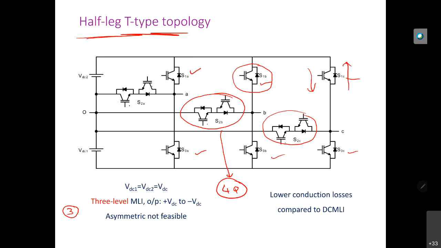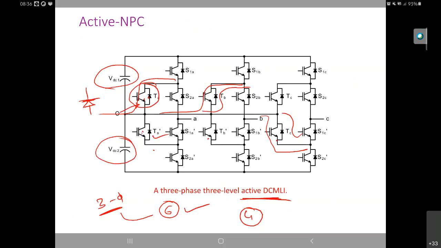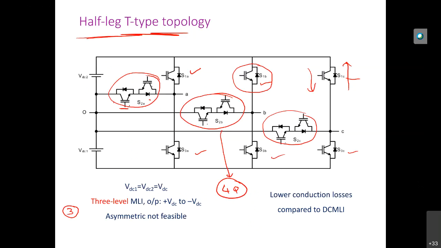Whereas this one is a combination of two IGBTs with anti-parallel diodes connected in common configuration. It can block the voltage in both directions and allow the current in both directions. So these are known as bidirectional switches or 4-quadrant switches.